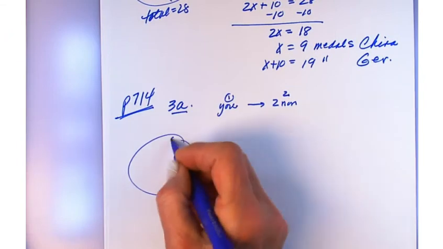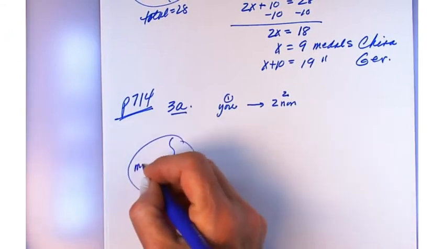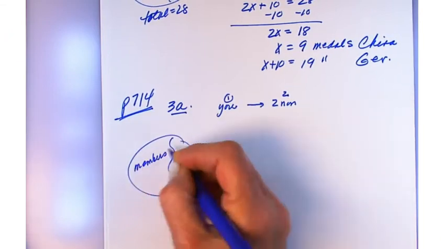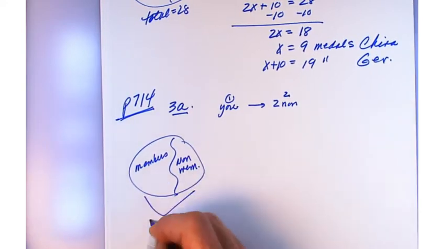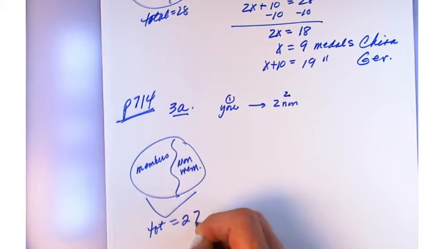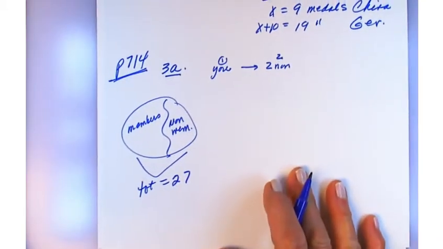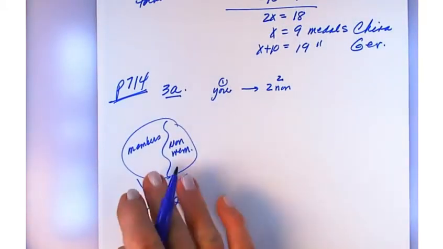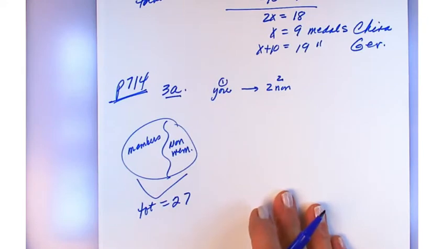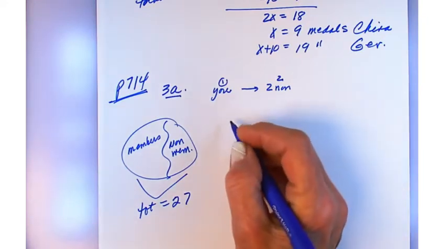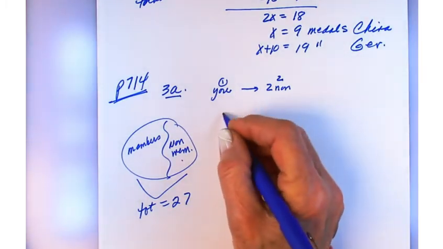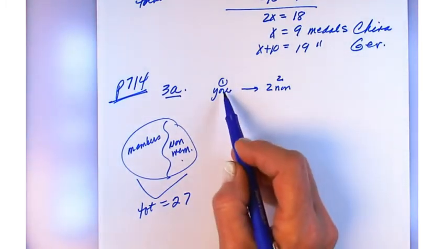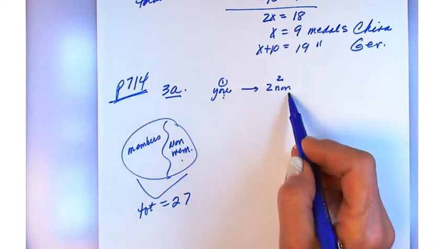So I'm going to have members and non-members. But I know the total equals 27. So I have to decide what should I let x equal and what should I let for the other unknown. So what we know is that for each 1 member, there's 2 non-members.